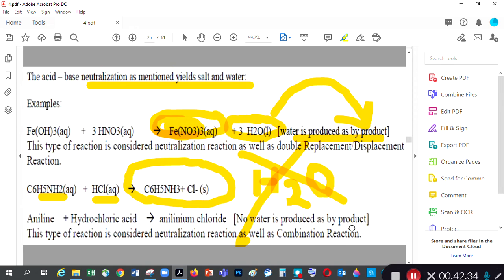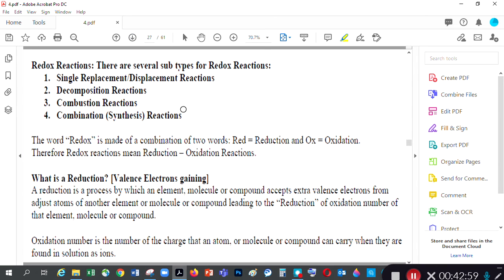And this is not considered double displacement. This is considered a combination reaction or synthesis reaction, because you add HCl into aniline to get the ionic compound anilinium chloride. No H2O as a byproduct.